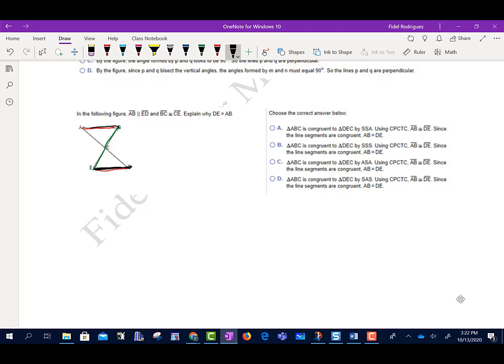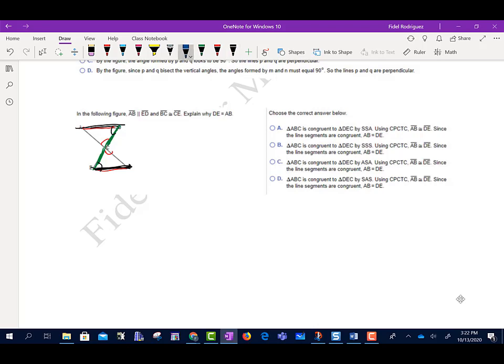So let's take a look. What do we know here? We know that this angle is the same as this one because they're vertical angles. And we know that this segment here is congruent to that segment. That means that they have the same measurement. We would also know, because these are parallel, then we have alternate interior angles. And alternate interior angles have the same measure.